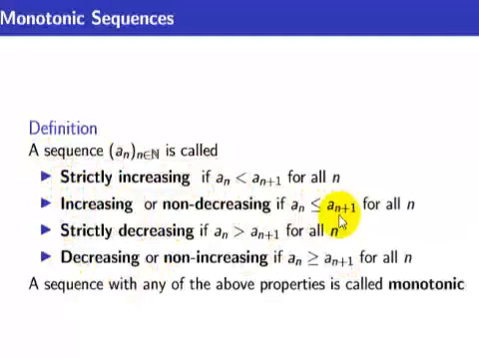The only difference is that here you have a greater than or equal sign, while strictly increasing has only greater than. Likewise, with the less than or equal sign the sequence is called decreasing, and with strictly less than it is strictly decreasing.